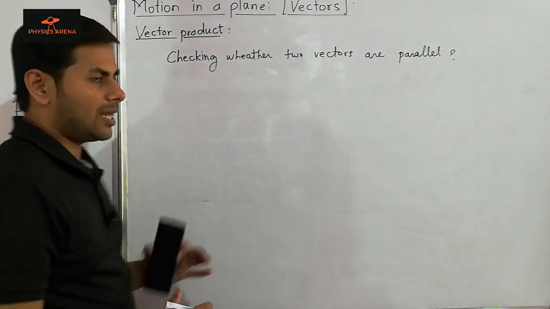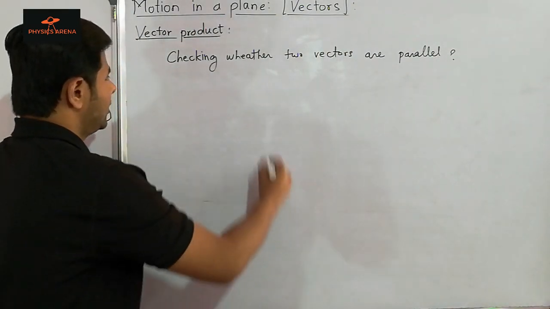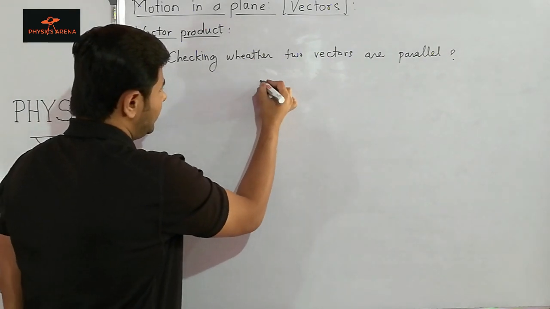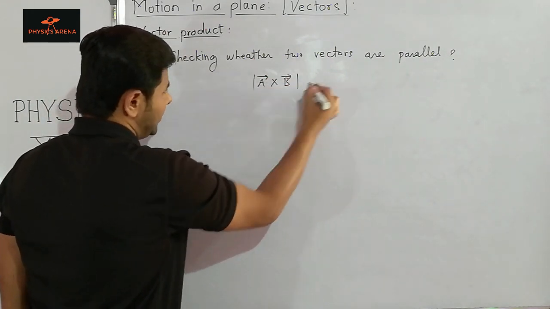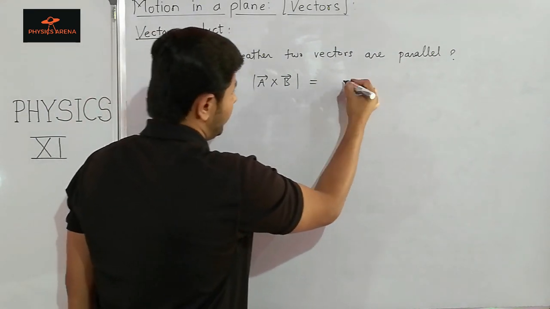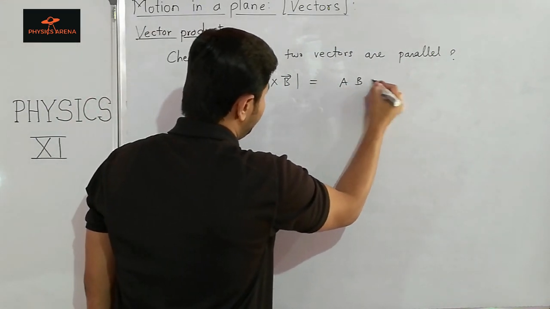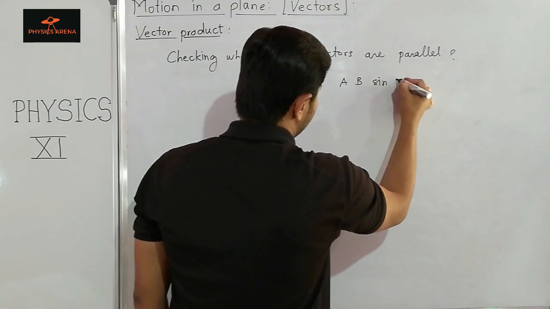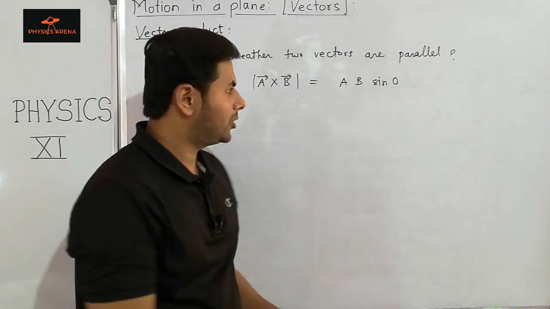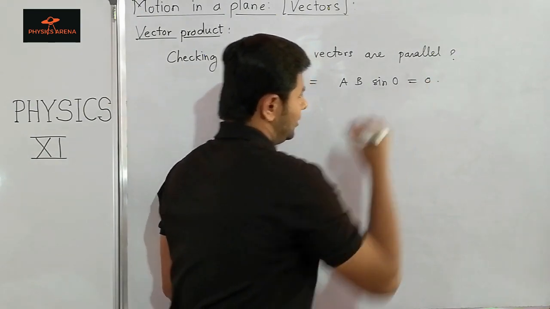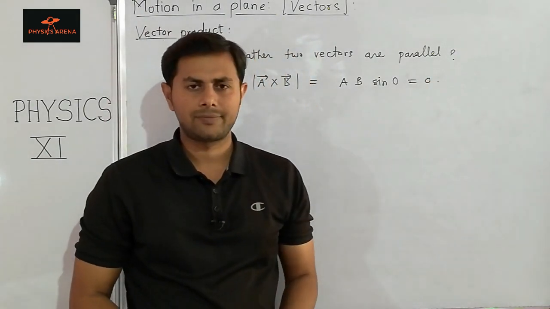So if two vectors are parallel, then the angle between them will be 0. So A bar cross B bar, its magnitude is given by the magnitude of A into magnitude of B into sine of the angle between them. So if they are parallel, it is going to be sine of 0 and this is going to be 0.